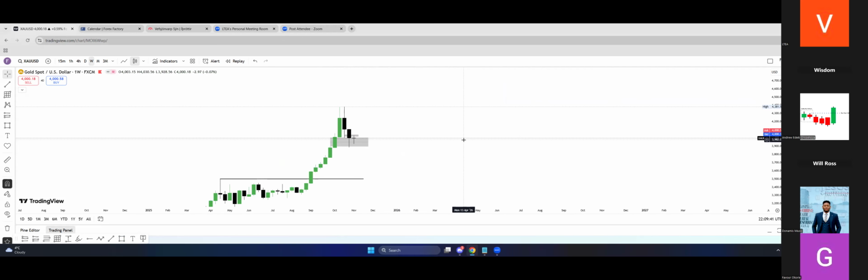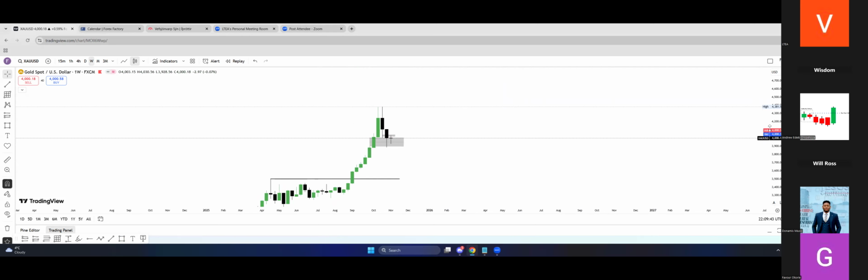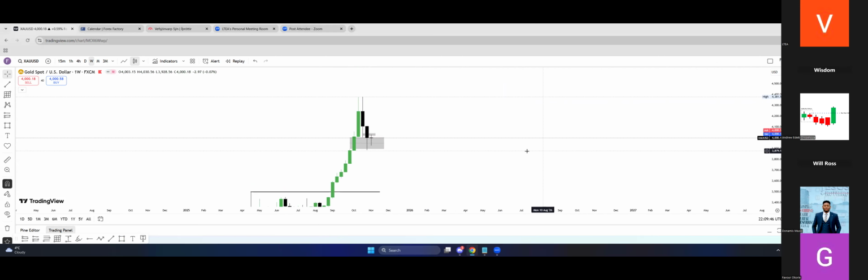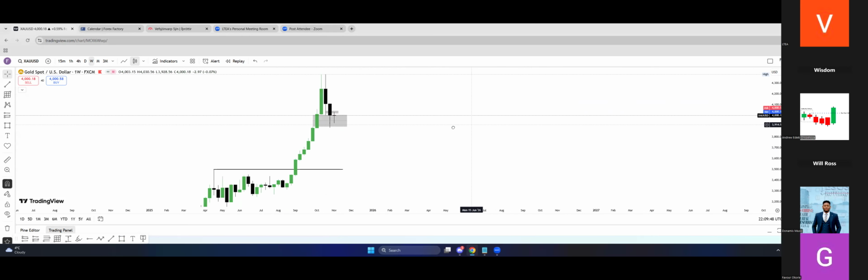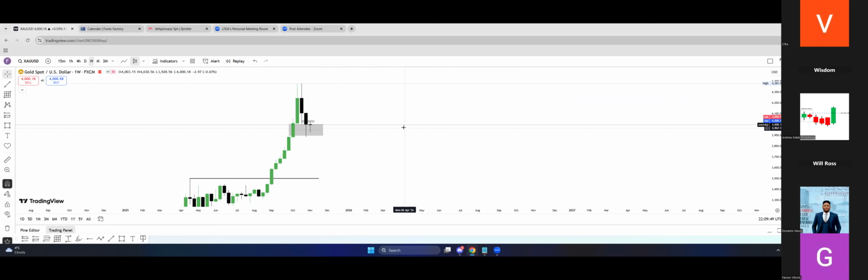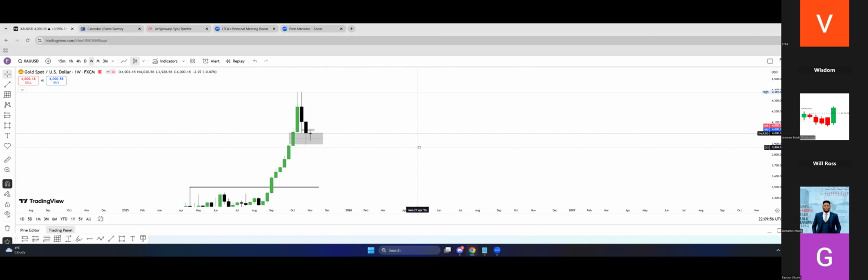Remember, when price trades into inefficiency, again, this is for all of you, what do we need to see? We need to see some kind of accumulation. Last week, price was accumulating. This is to tell you that price can only do two things right here: either go up or go down, especially when we have an accumulation phase.